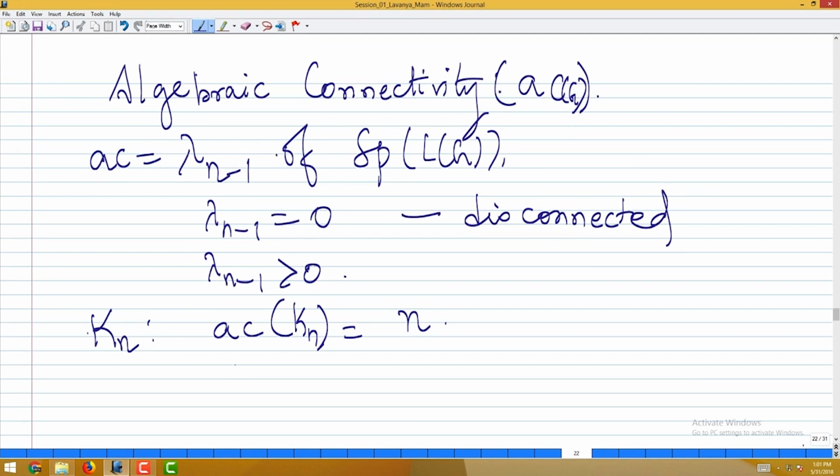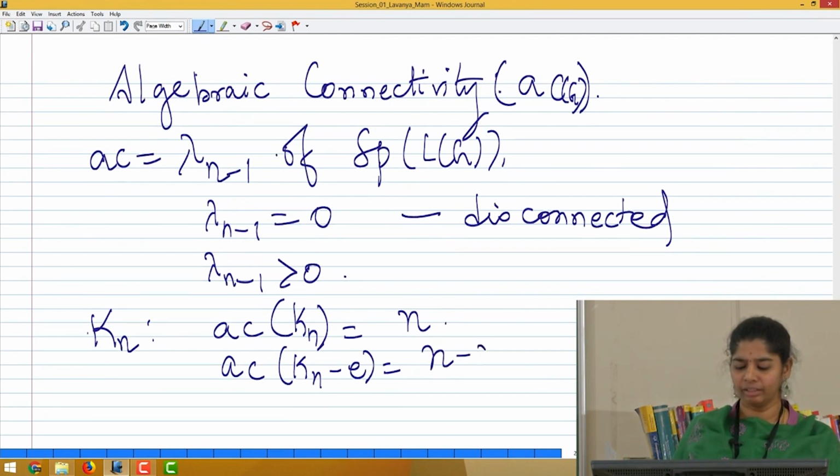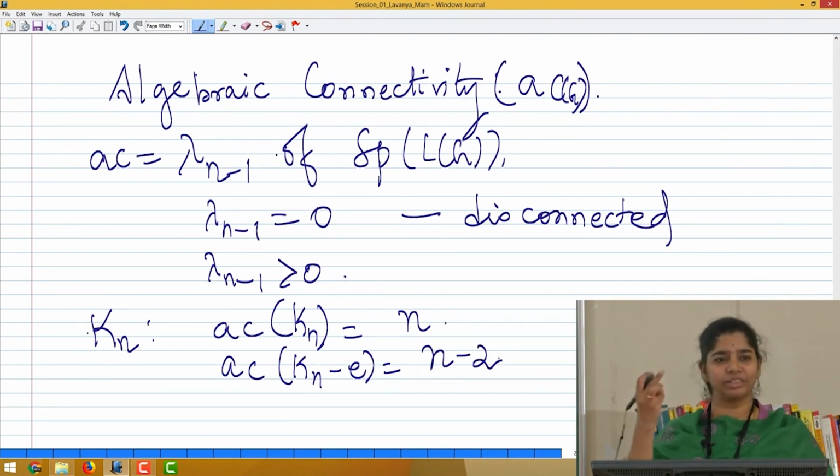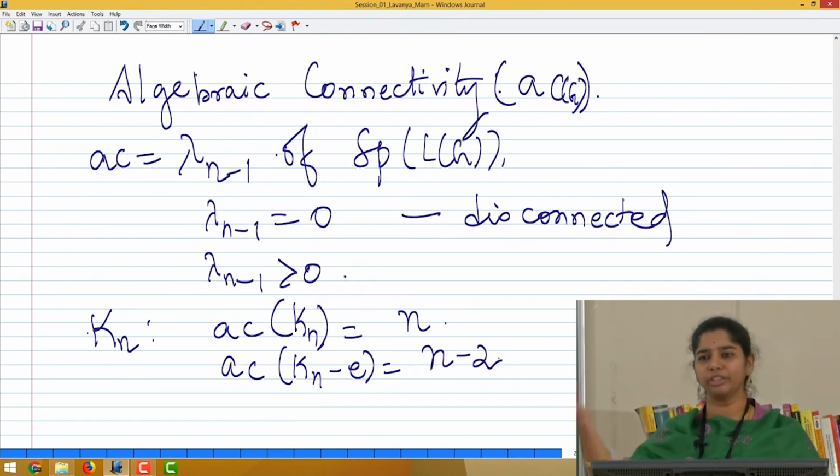So, what about K n minus an edge? This also we have seen, even in the morning. There are only 3 eigenvalues if you delete an edge: 0, n minus 2, or n.